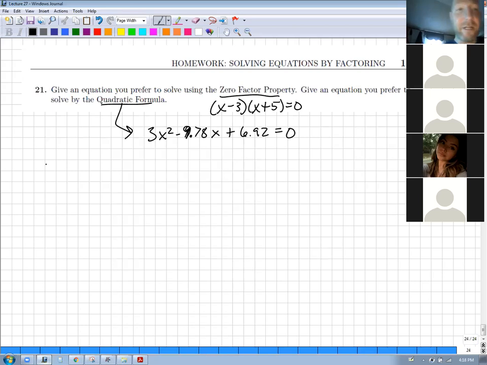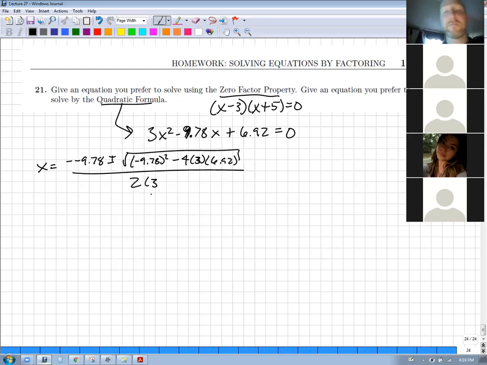I could just write x is negative b plus or minus the square root of b squared minus 4ac, all over 2a. Boom. Plug that in the calculator and I got it. So not everything you want to factor. Quadratic formula is very useful.